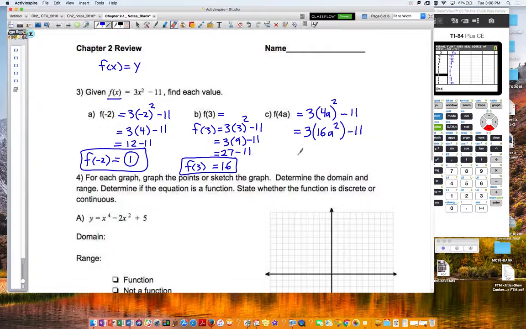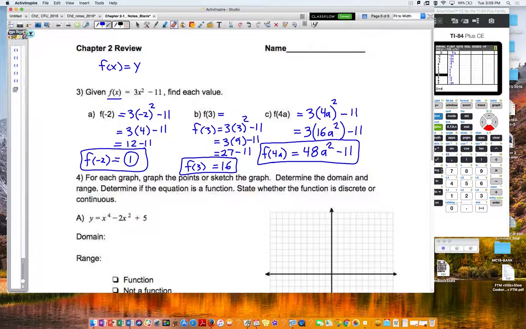So now distribute. 3 times 16 is 48. We have a squared minus 11. These two terms don't have anything in common. So f of 4a equals 48a squared minus 11.